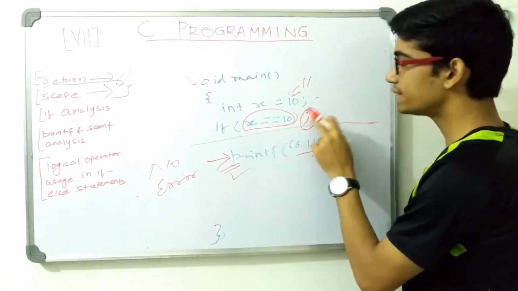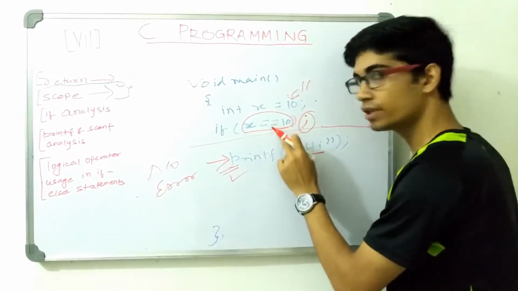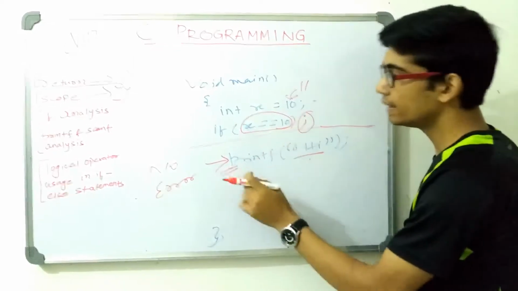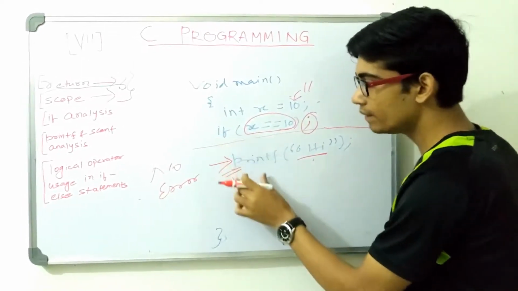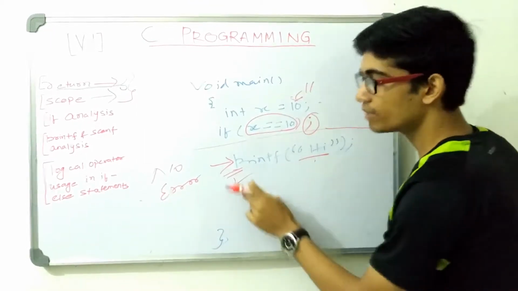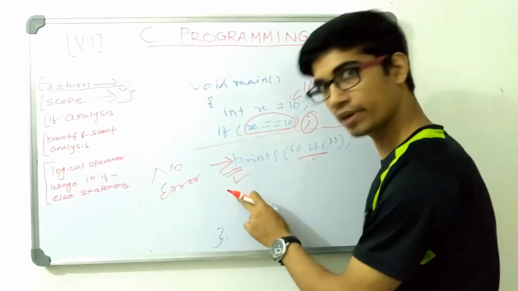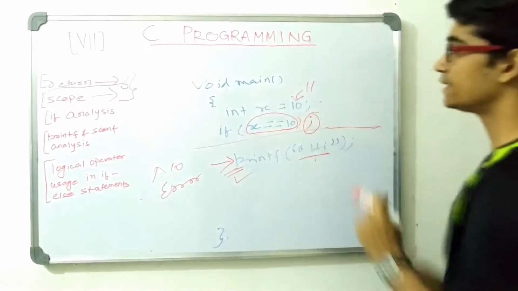So we have put a semicolon after this if statement, and we have closed the scope. When we do like this, any statement after if will be executed, but keep in mind that whenever we put a semicolon, there must not be any else statement encountered in the further program. Okay, so this was about putting a semicolon.